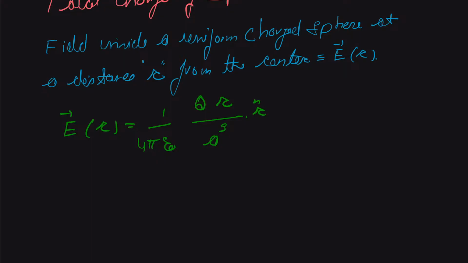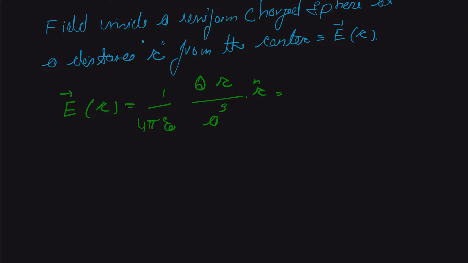The q we already know, therefore this will be equal to minus 1 upon 4 pi epsilon naught, 2 times e, times r divided by a cube, in the r unit vector direction.